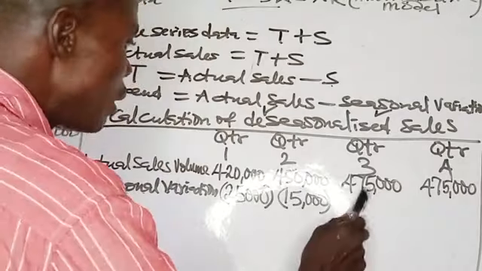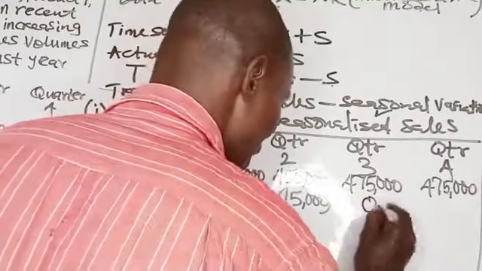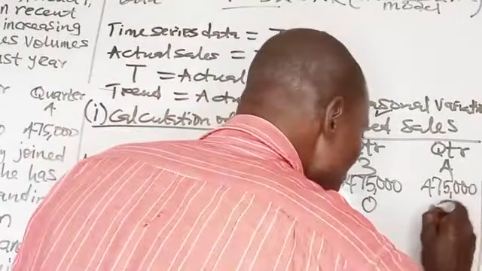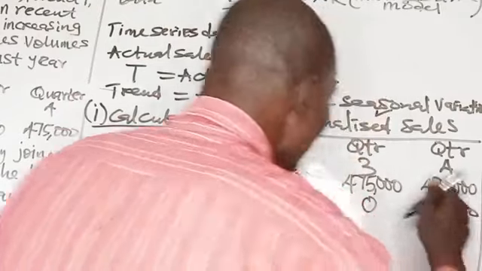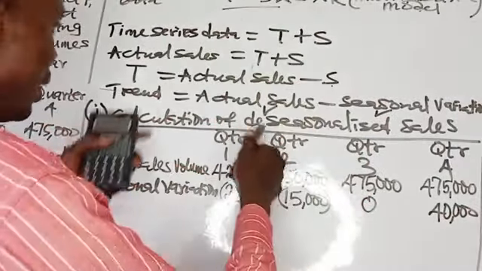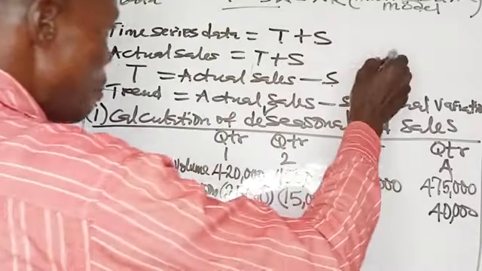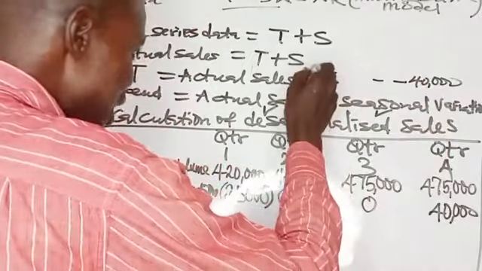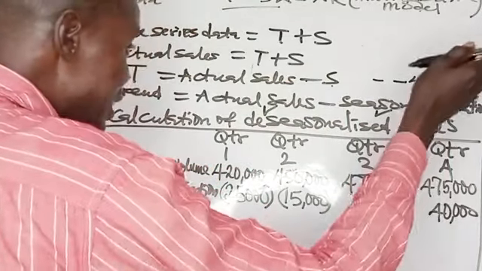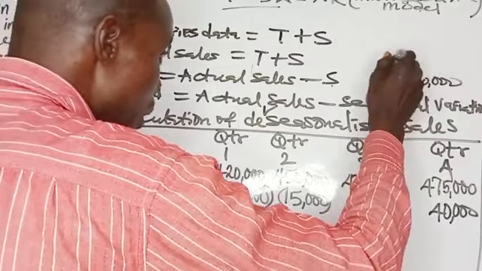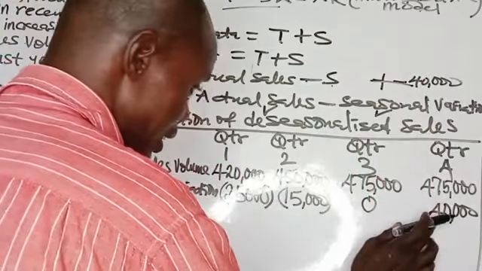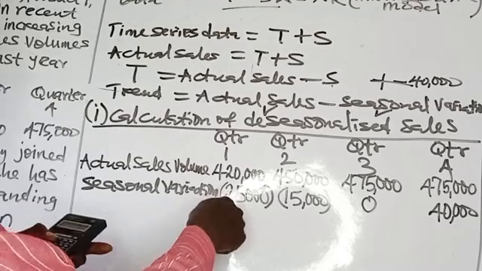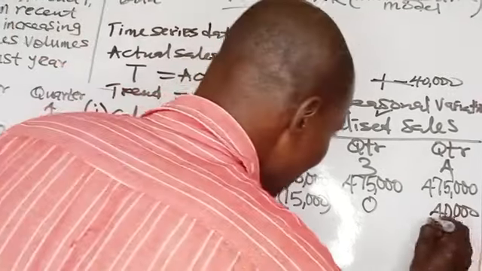The next one is a 0, which doesn't have any effect, either plus or minus. The last one is minus 40,000. The minus sign before it and the minus in the 40,000 make two minuses, which become plus. So that is why we'll be having plus here. That means if it is minus, the minus becomes plus. If it is plus, the plus becomes minus. Let's take it that way.